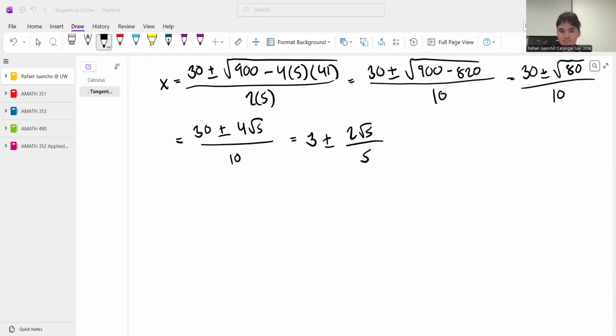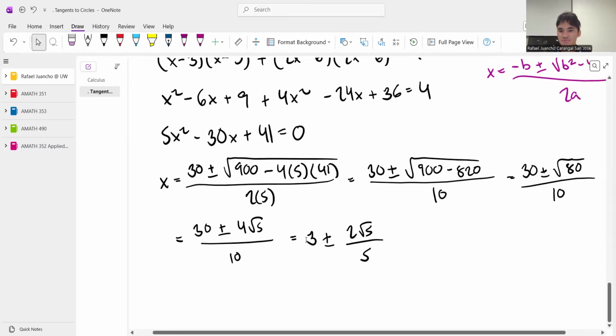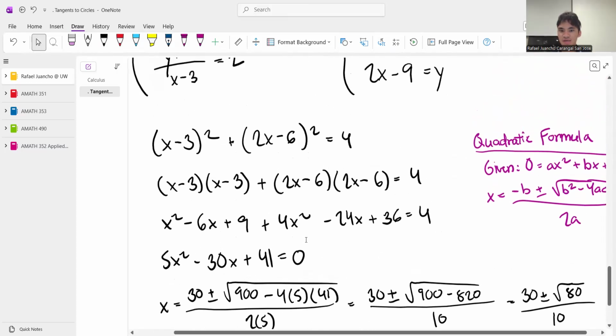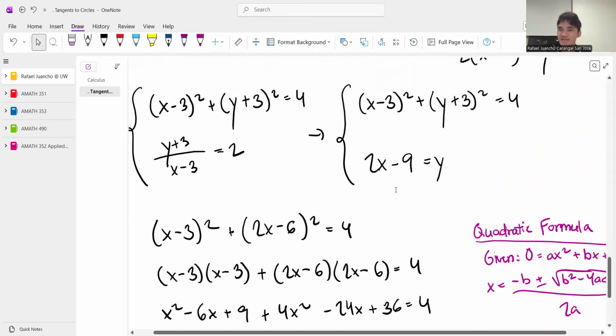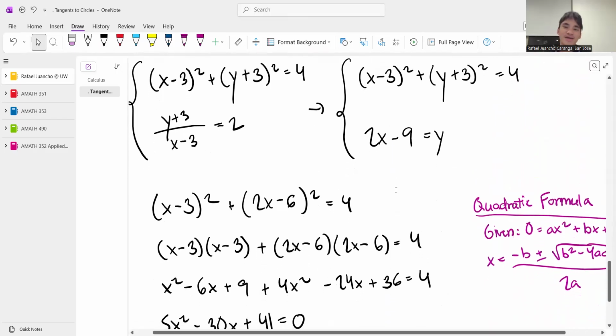Hmm. I might have messed up something and I can't pinpoint what it is. Okay, this looks right. But I guess when I plugged it in, no. It might be that too.